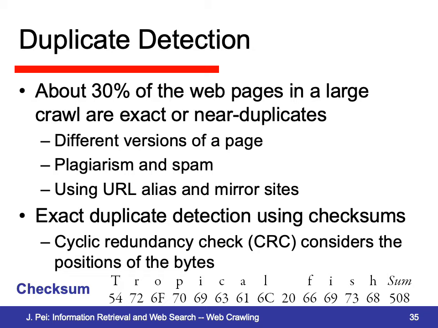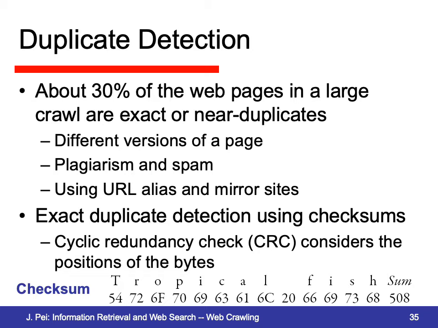They may be due to different versions of a page. They may be due to plagiarism and spam. They may be due to URL aliases and mirror sites. Exact duplicate detection is somewhat easy. We can use checksums.